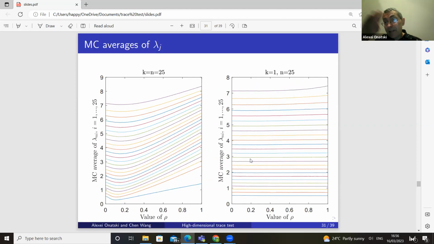Now, why is there this non-monotonic behavior? We just look at how the eigenvalues of this matrix behave. There are 25 eigenvalues, and here is how they behave as I'm changing rho from 0 to 1. It turns out that they first dip a little bit and then go up.